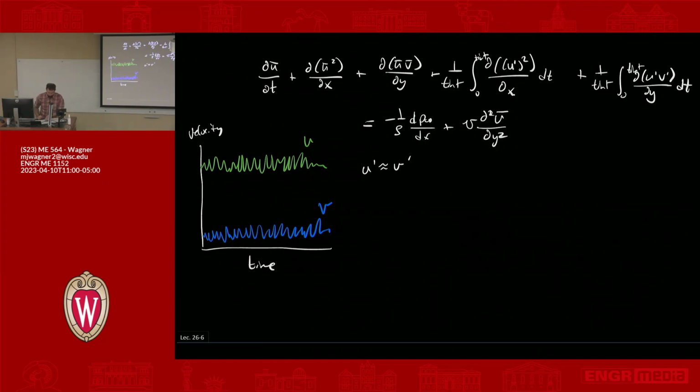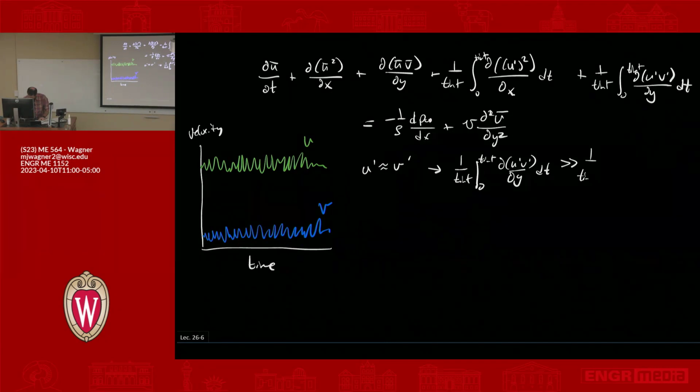Okay, so if we do that, we're saying effectively through this simplification that our 1 over T_int integral from 0 to T_int of partial u′v′ partial y dt is much greater than the equivalent integral in x, so 1 over T_int integral from 0 to T_int of partial u′ squared partial x dt.